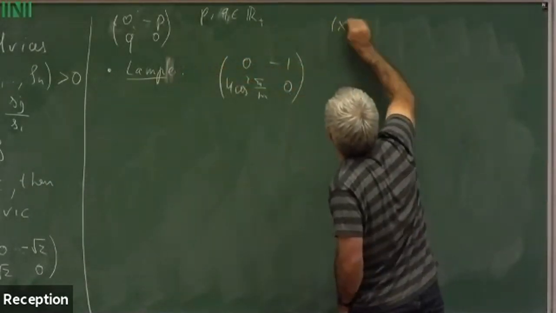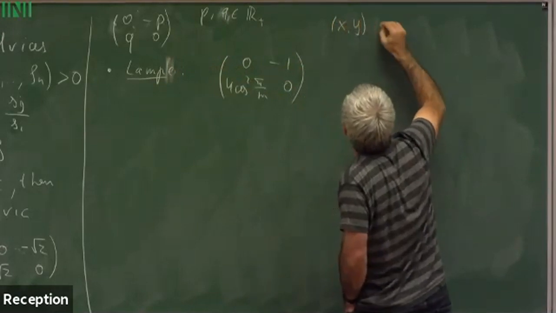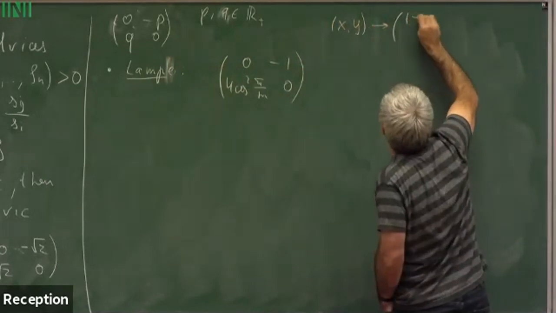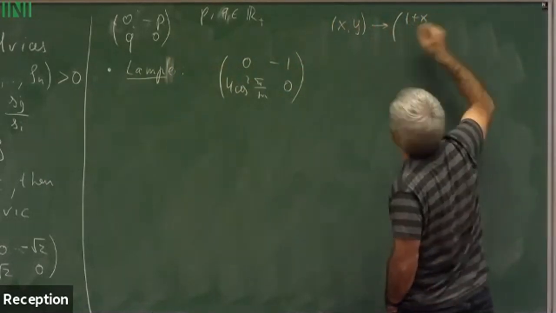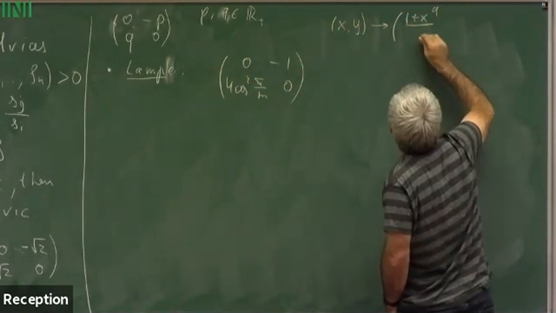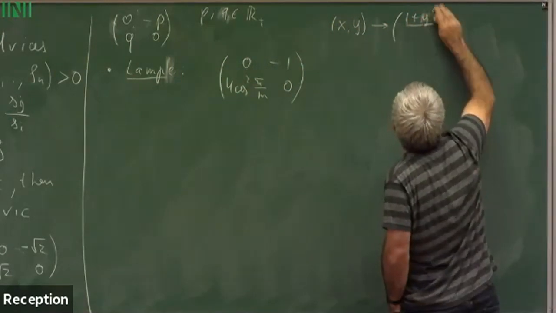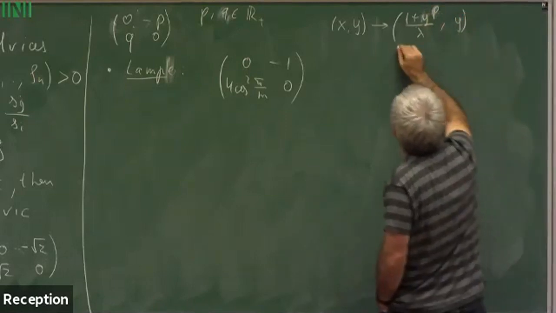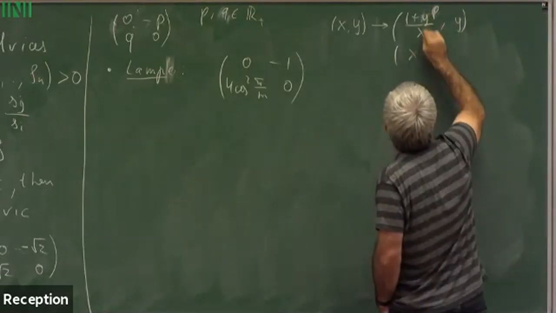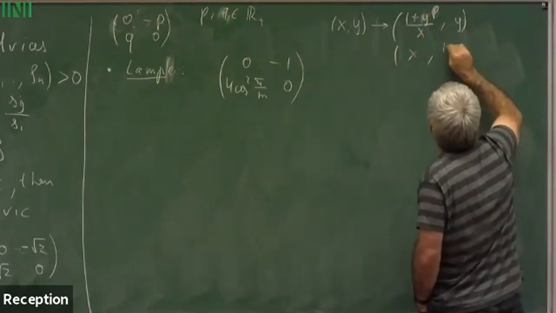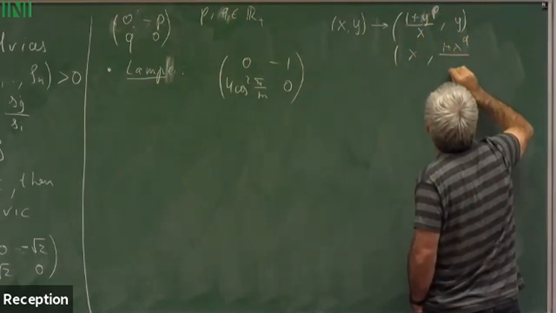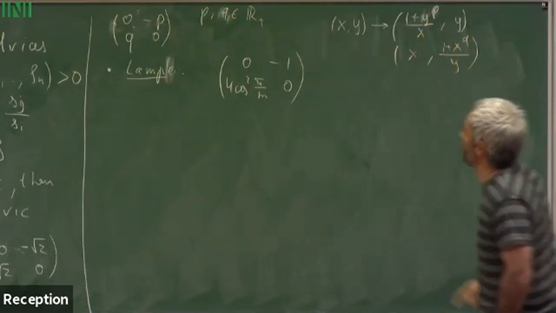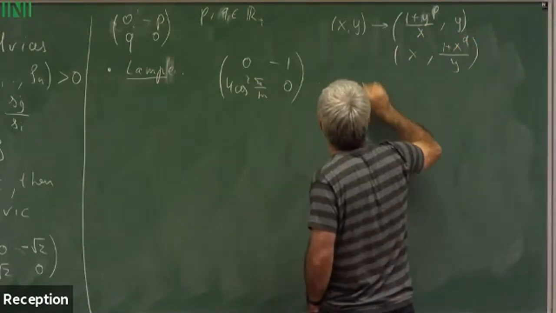So x, y goes to (1 plus y to the p) over x, y, and x, (1 plus x to the q) over y. And he showed that there's no periodicity.